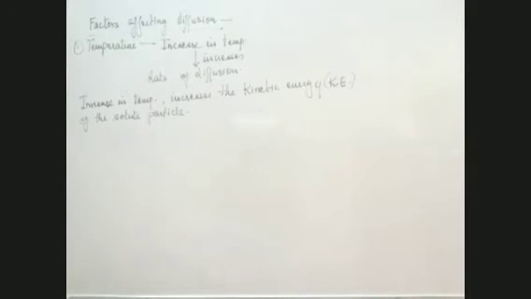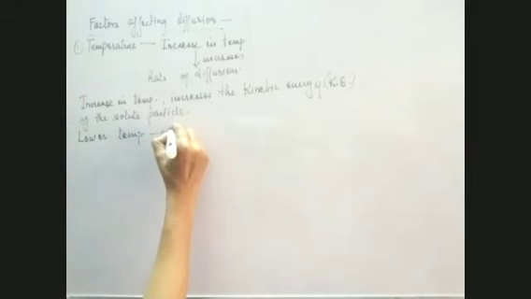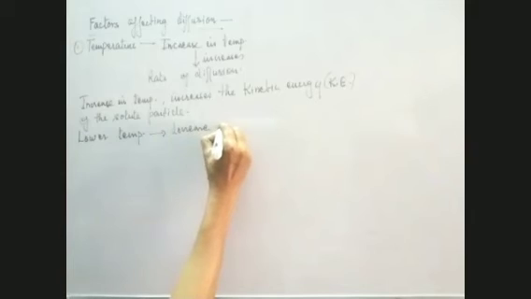But when it is cold, when the temperature is less, what happens? The kinetic energy decreases, the solute particles do not move at a faster rate, and the rate of diffusion comes down. So what happens when the temperature is lower? There is a decrease in kinetic energy.